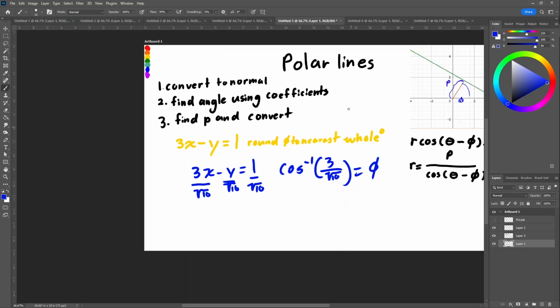We can see that the point 3, negative 1 is in the fourth quadrant. We're going to want an answer in the fourth quadrant, so it would be useful to use sine in this case.